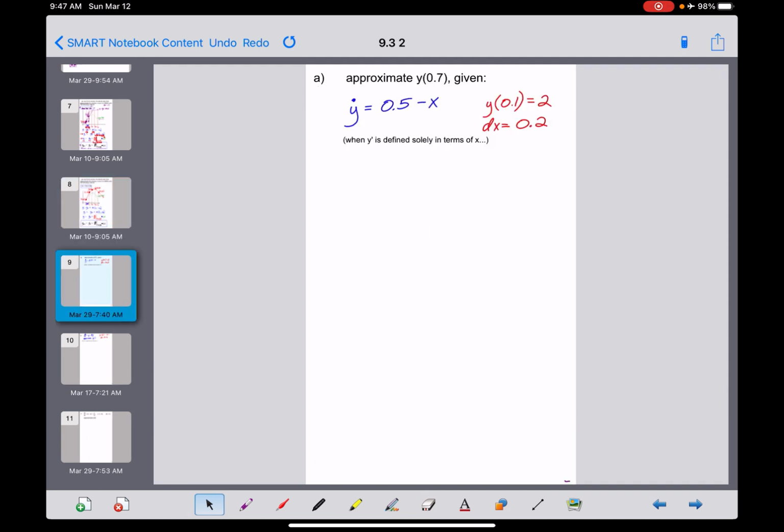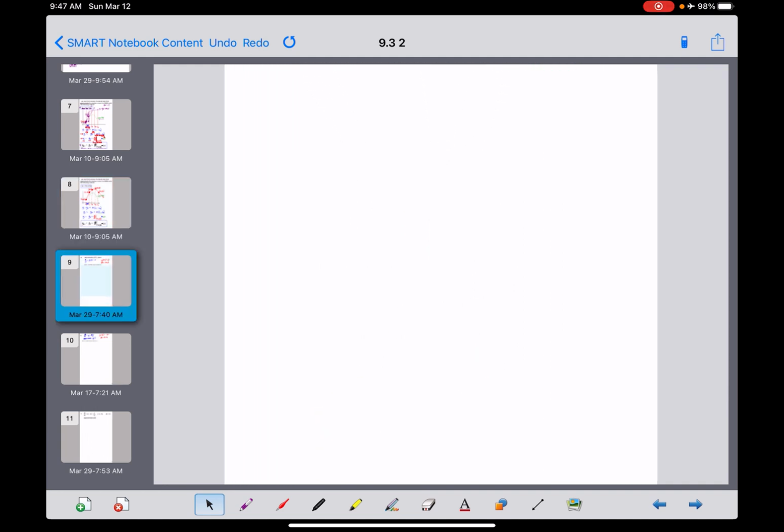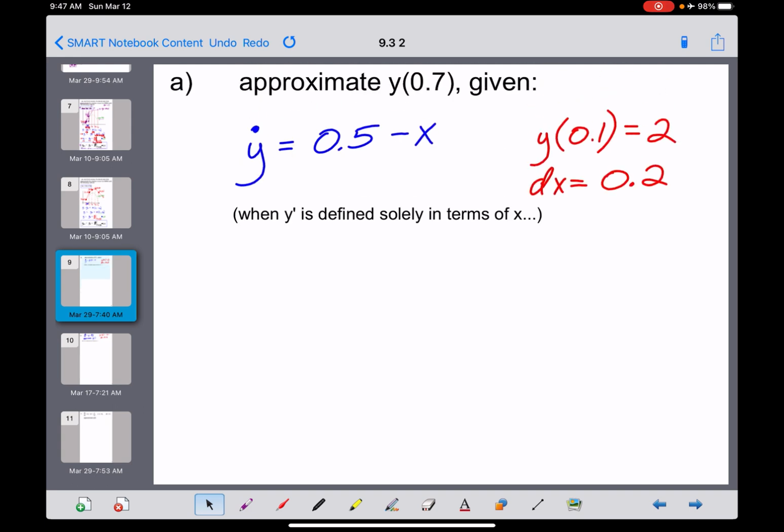Okay, so we're going to dive in and we're going to do 3 examples here of varying levels of complexity. This first one, of course, isn't going to be all that bad. By the way, if you haven't seen it before, this is a goofy notation that your textbook uses for the derivative of y. It's the y with the dot over it there. So again, you're given a diffie q. So this is dy dx, which is probably the better way to think about that, but okay.